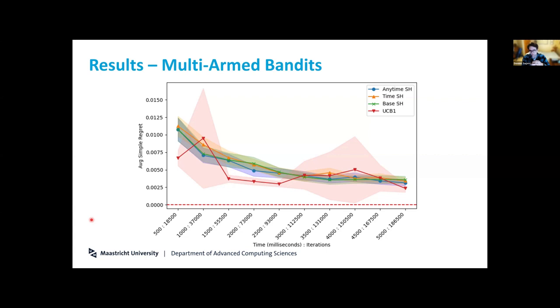Although UCB has a lot of variation and usually ends up being better in lower iteration budgets or time budgets than the sequential halving algorithms. But as we can see, sequential halving mostly stays consistent with its brothers, anytime sequential halving, that is. Sorry, yeah, next slide.